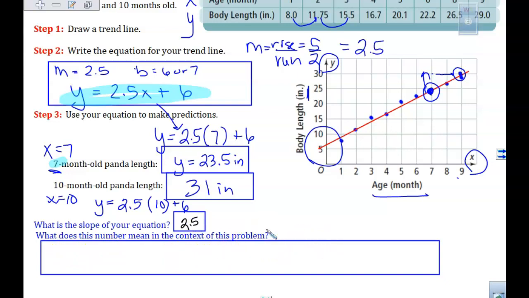So in the context of this problem, what this 2.5 is telling us is that the panda, and I had a couple people in here do their survey questions on panda, I think, the panda gains 2.5 inches in length, right? So it's getting taller each month.